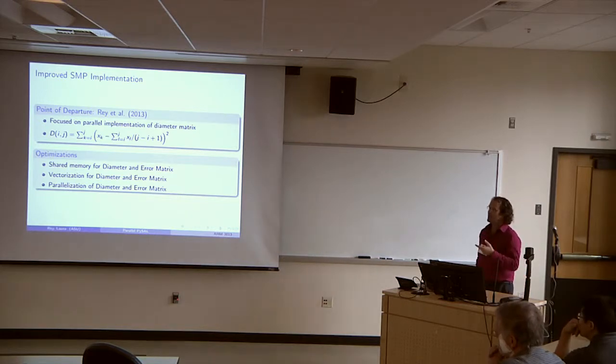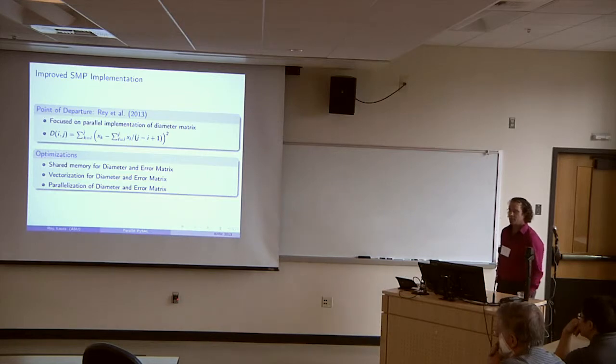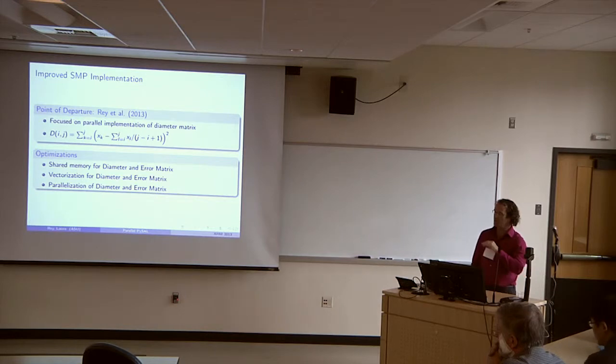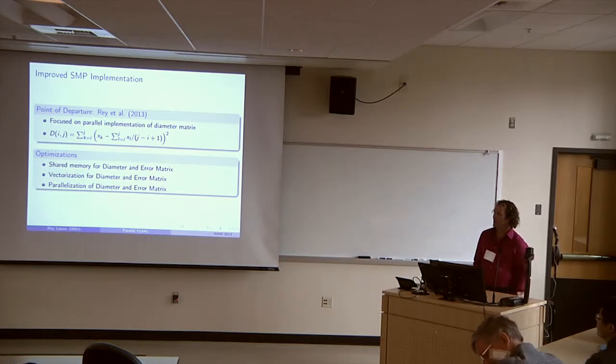What we've done since then in this work that we're reporting on today, the work that's in the library, is to use, number 1, shared memory so that the different cores can write to fill in the diameter matrix, but more importantly, also the error matrix. In the original implementation, we didn't deal with the error matrix from a parallel perspective. And then vectorizing the code. We actually hadn't done that in the first version.